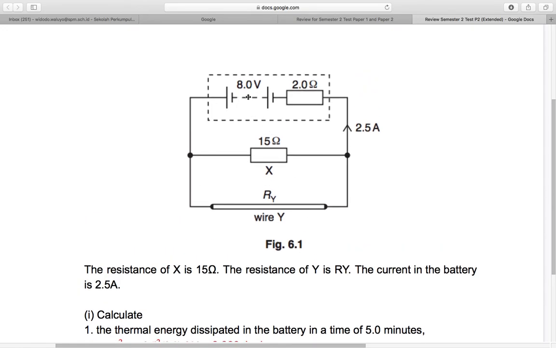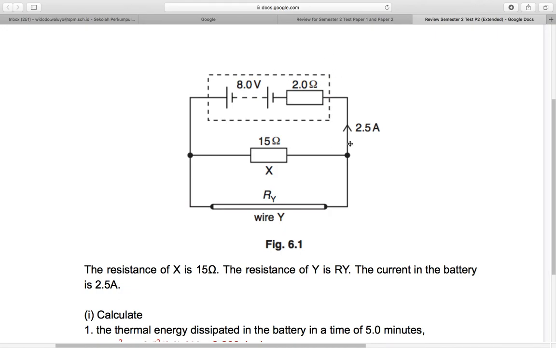This is 8.0 volt and the current is 2.5, crossing the 2.0 ohm. So the potential difference across the 2.0 ohm is 2.5 times 2, which is 5.